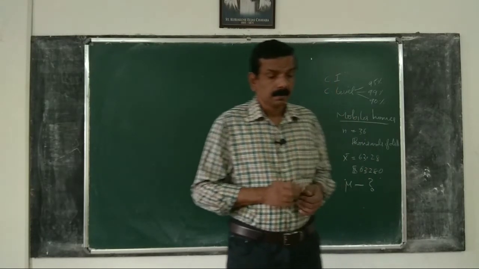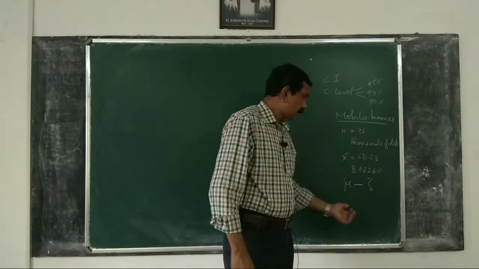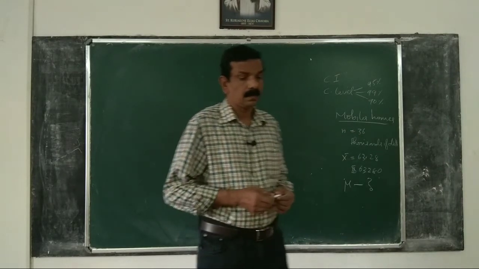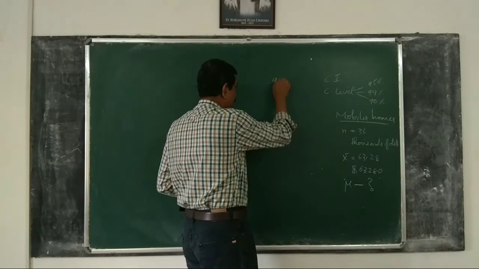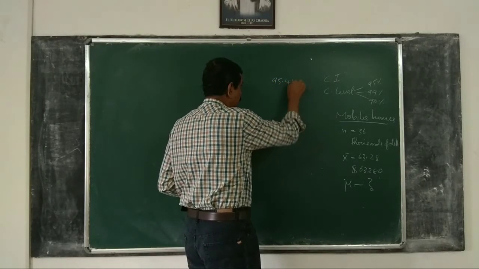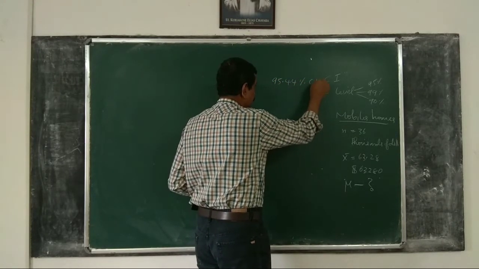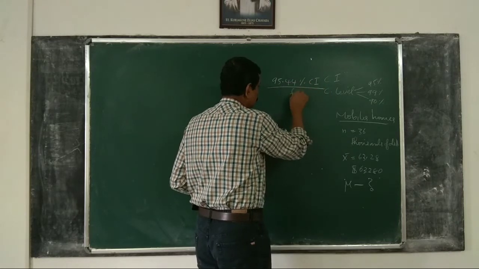Now, in this example, let us see how we obtain a 95.44% confidence interval for mu.